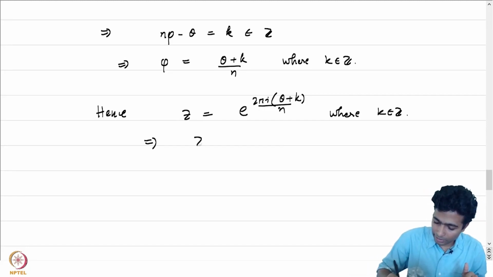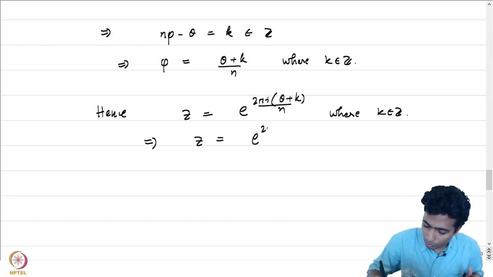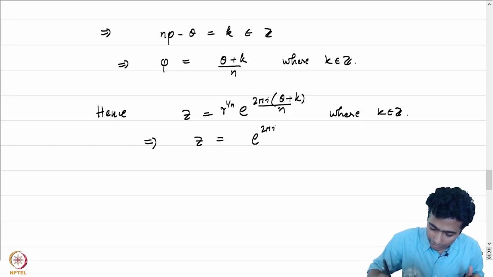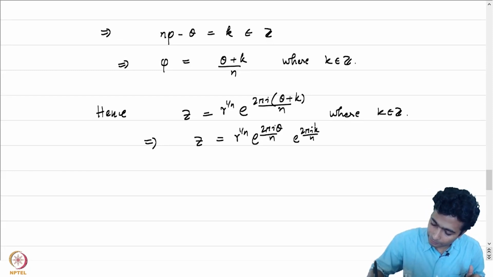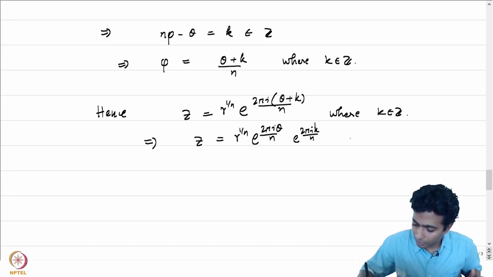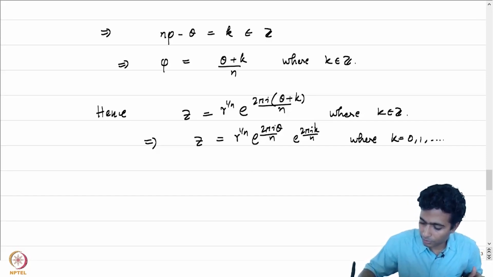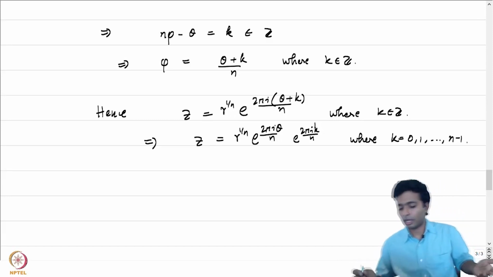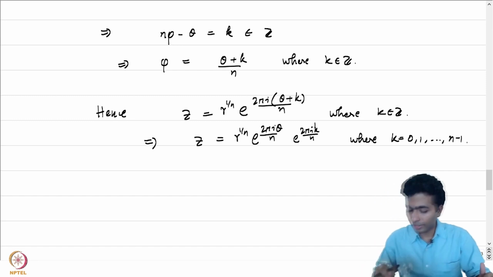And this is again, simplifying it, r to the power 1 by n e to the power 2 pi I theta by n times e to the power 2 pi I k by n. So notice that again, I'll just directly write here that k is now ranging from 0 to n minus 1, because other values of k will coincide with one of the n values given here.